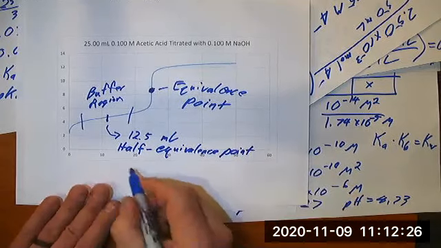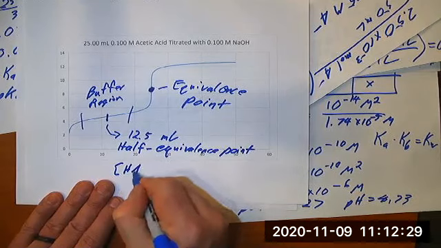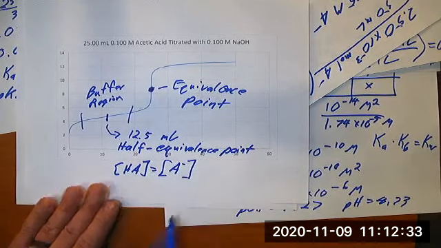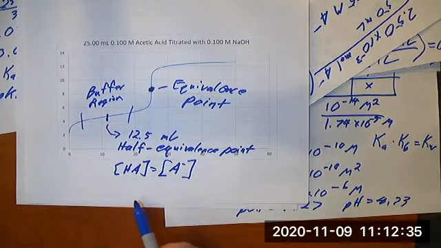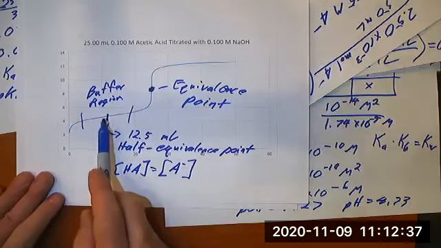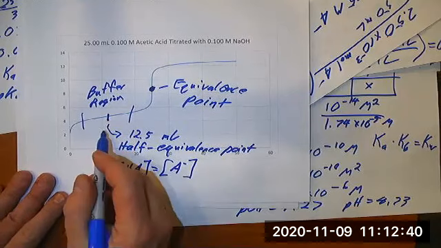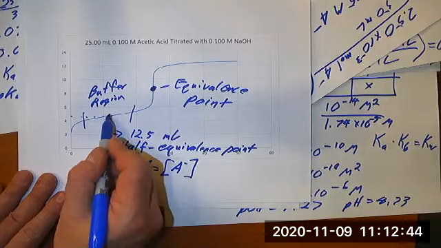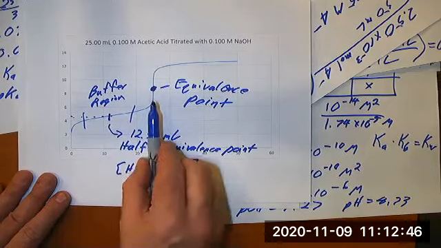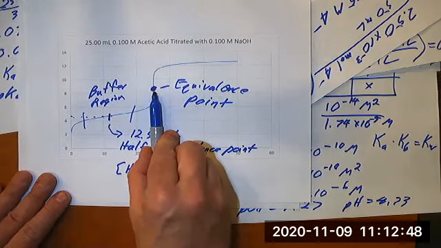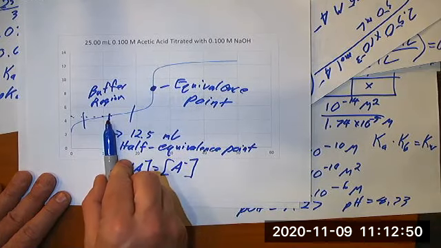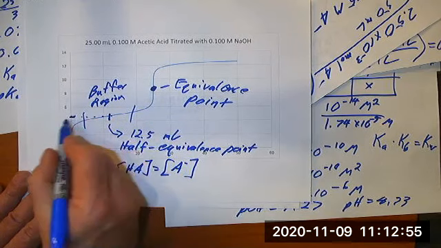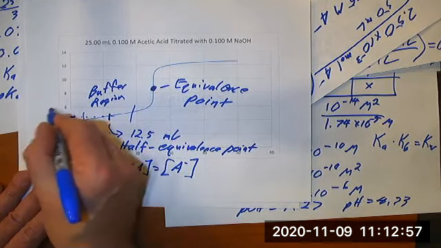That is the point at which the concentration of HA equals the concentration of A minus. And here you'll notice that when we're at the half equivalence point, the pH is actually pretty precisely determined. So if we find the equivalence point, we halve the volume to find the half equivalence point, and then we very precisely determine the pH at that point.